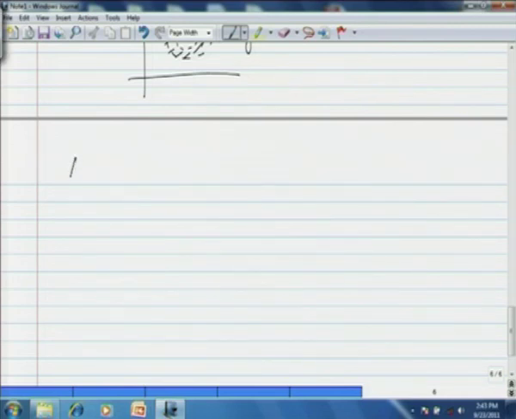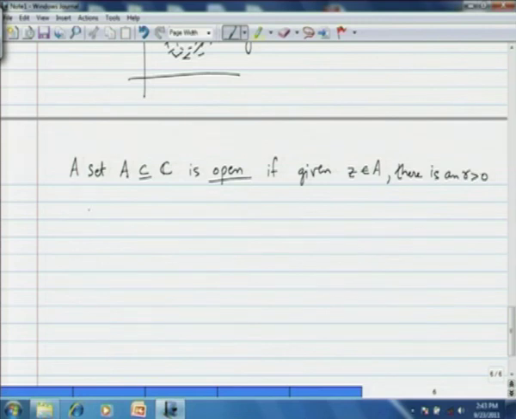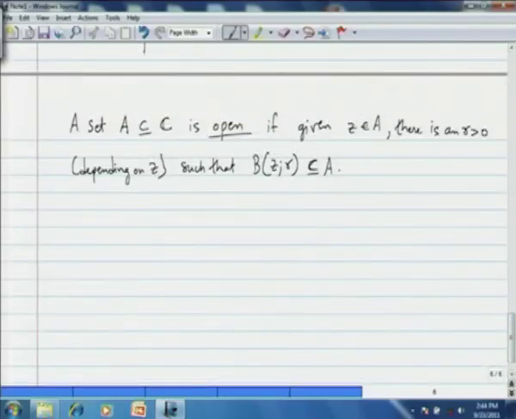So, in a more concrete sense, an open set is as follows. A set A contained in C is open if, given Z belonging to A, there is an R positive, possibly depending on Z, such that a ball of radius R centered at Z is completely contained in the set A. So, this is concretely what an open set in the complex plane is.